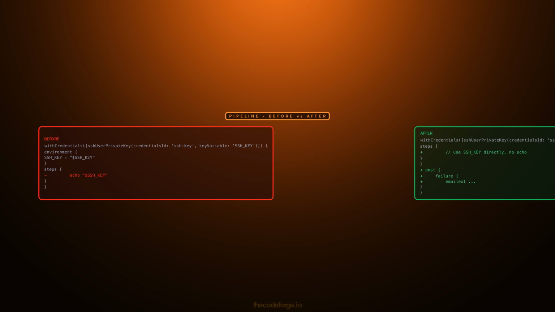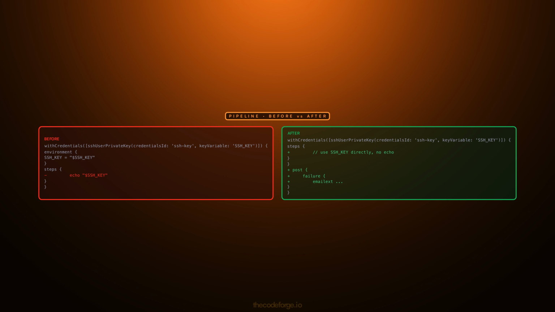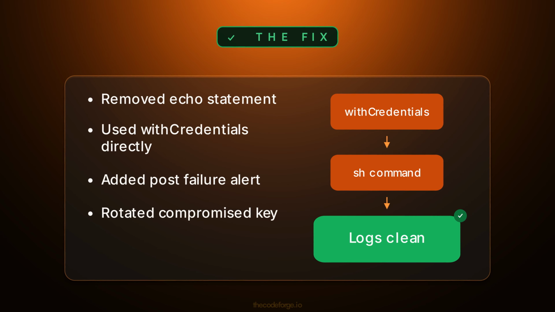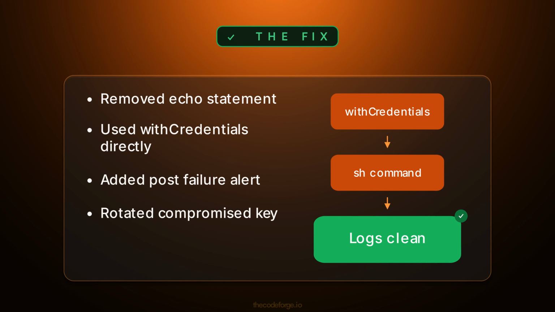The fix was simple: never echo credential variables. Use withCredentials blocks and pass the credential directly to shell commands. We also added a post-failure email alert to notify on log leaks and rotated the compromised key.